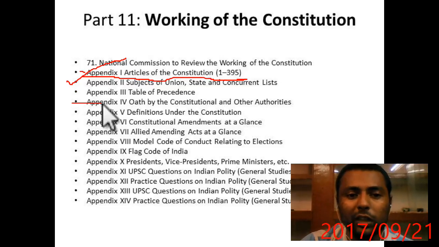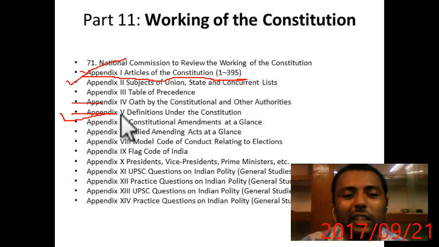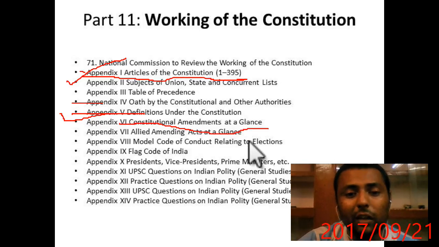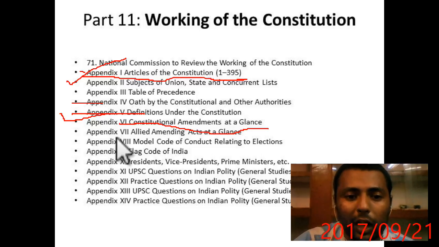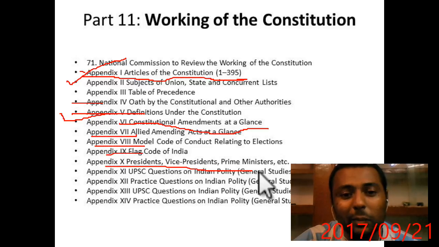Oath you can ignore. Definitions under the Constitution, ignore. Constitutional amendments are very much important. Just go through the important amendments, like the 42nd Amendment Act. Allied amendments, not important. Model Code of Conduct, not important. Flag Code of India, not important. Appendix on president, vice president, prime minister, very much important.